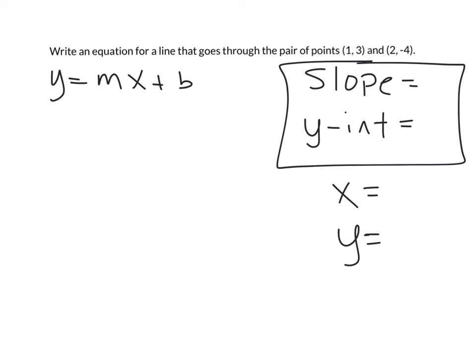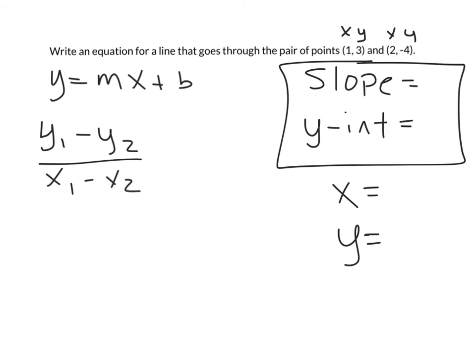But what I do remember is the slope formula. If you can think back to y1 minus y2 divided by x1 minus x2, right? We can use this slope formula to find the slope between any two coordinates. So I'm going to assign x's and y's to (1, 3) and (2, negative 4). So we know that 1 is an x, and 3 is a y, and 2 is an x, and negative 4 is a y.